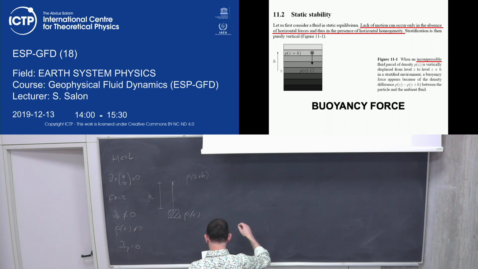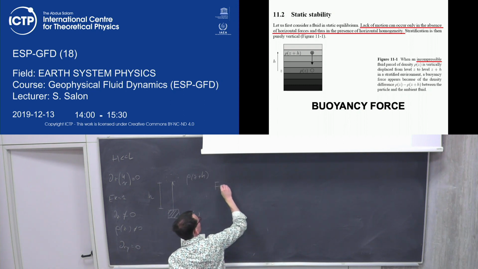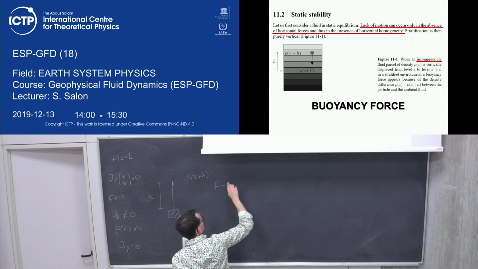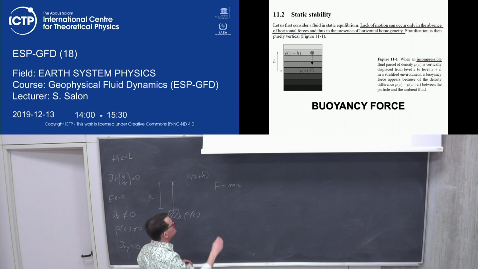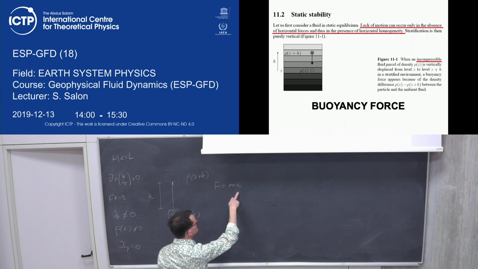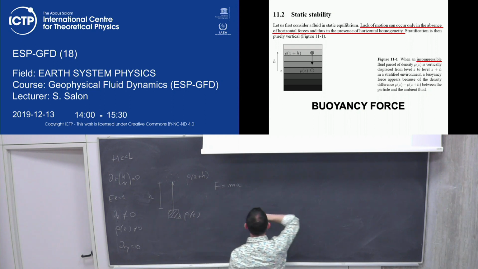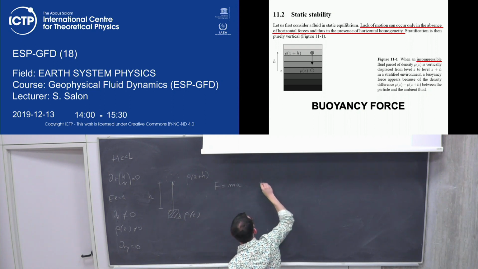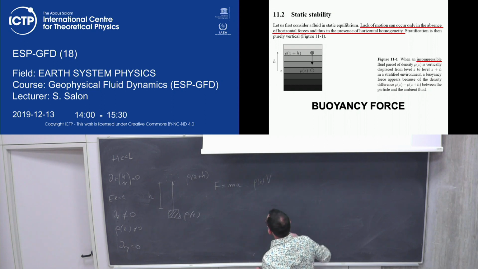So, if we write our law of motion, force is equal to mass multiplied by acceleration. The mass of our parcel is rho 0 multiplied by its volume.